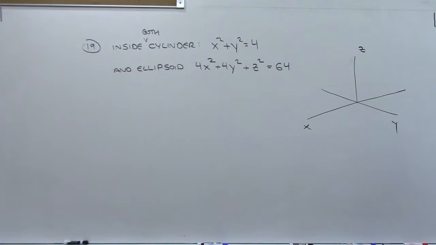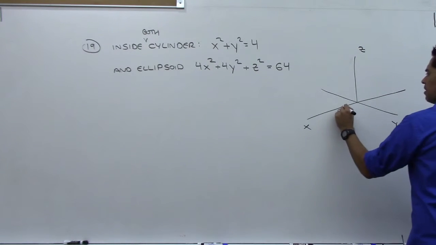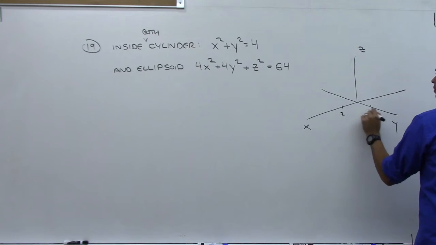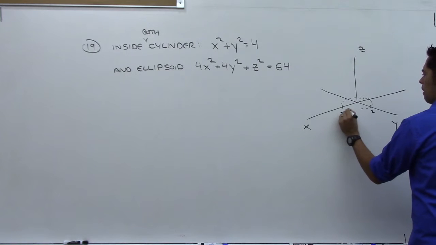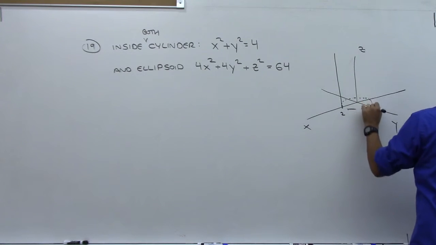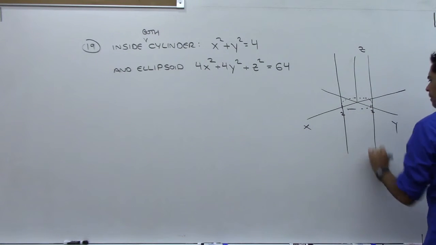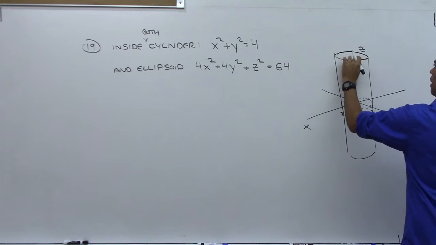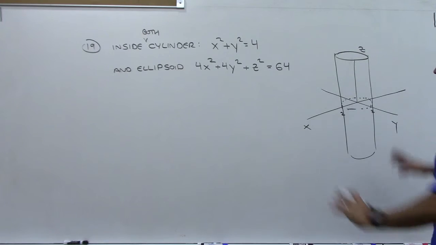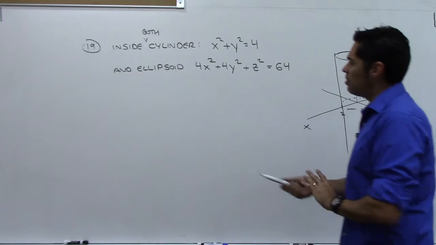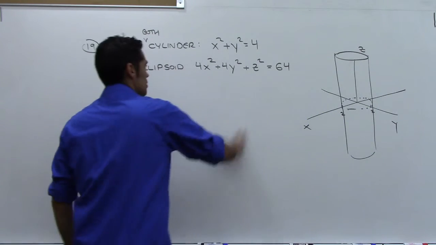The cylinder x squared plus y squared equals 4 is a cylinder with radius 2. Okay, so there's your cylinder, opens up the z-axis. I need the volume that's inside that and also inside this ellipsoid.